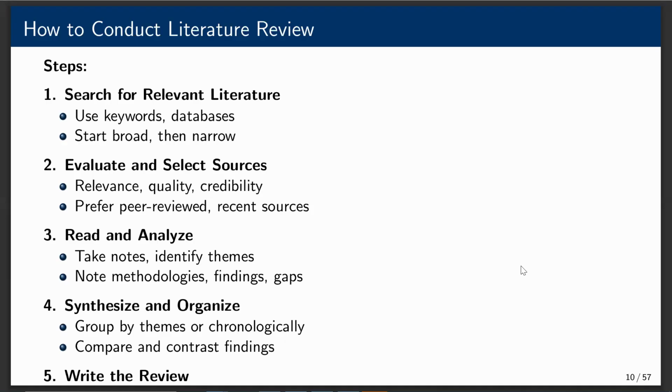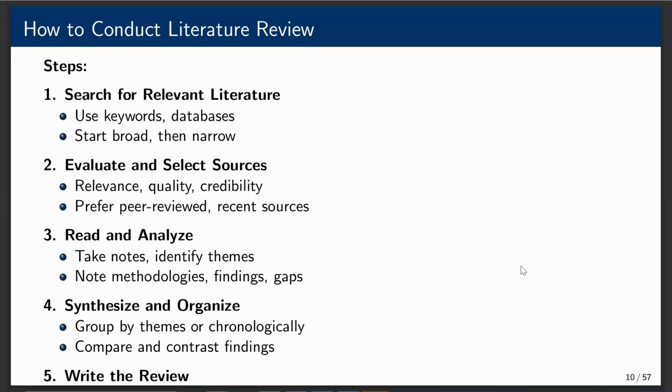I think a session tomorrow, maybe on literature review, would help the students. But how we basically approach it is we always start with a broad theme and then we narrow down to a particular topic.